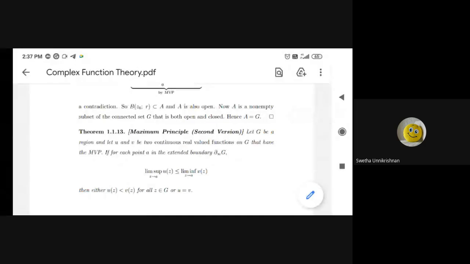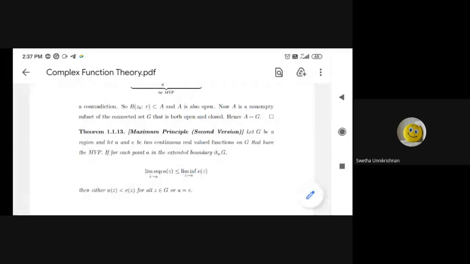Now we are going to prove the maximum principle, second version. Let G be a region and let u and v be two continuous real valued functions on G that also have the mean value property.